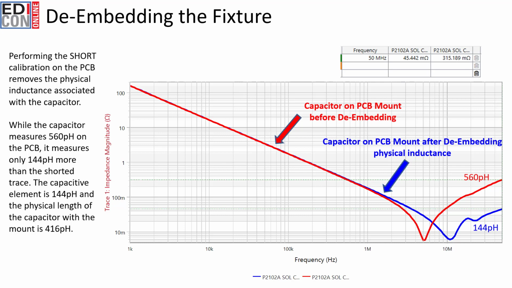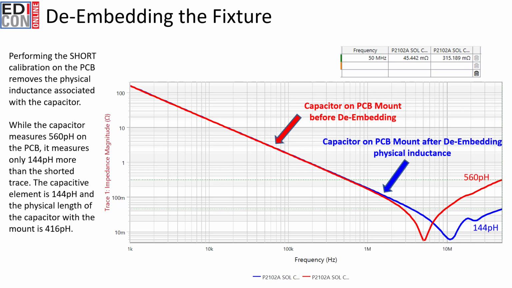Now, remeasuring the capacitor results in 144 picohenries versus the red trace, the uncalibrated measurement of 560 picohenries. So keep in mind that it's really hard to achieve a perfect correlation of sub-nanohenry values, and it's quite difficult. So don't expect perfection.